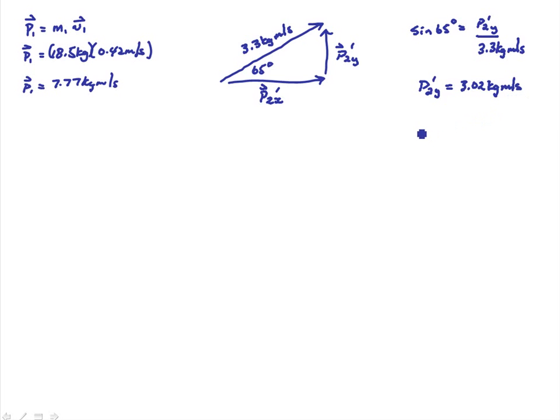The x component is going to be cos 65 degrees equals P2 in the x direction after over 3.3 kilogram meters per second, and the x component is going to equal 1.39 kilogram meters per second.